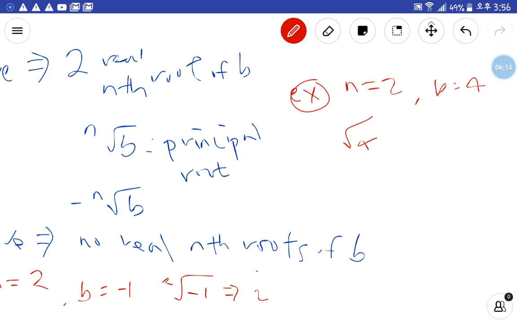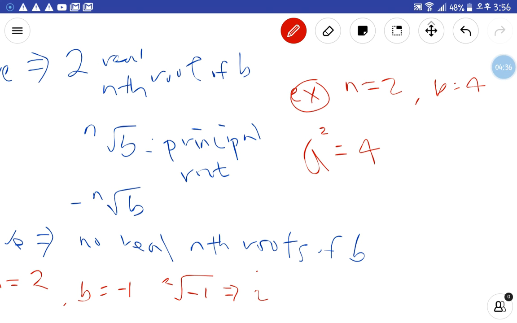The question says that a squared equals 4, so what is going to be my a? You can maybe simply say, oh, that's only the square root of 4, which is 2. That's going to be the answer.